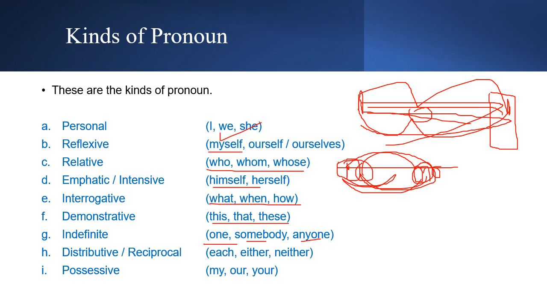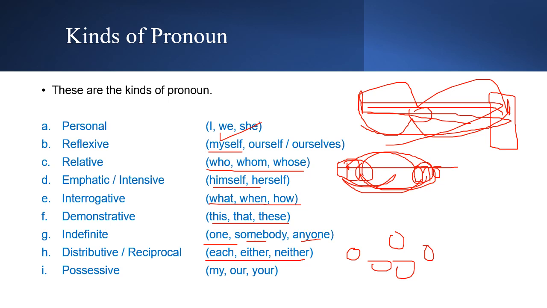So distributive or reciprocal is each, either, and neither. So each one. So basically what you do in distributive and reciprocal is that, for example, 1 2 3 4 5 people, so every one of those means, why is it distributive?